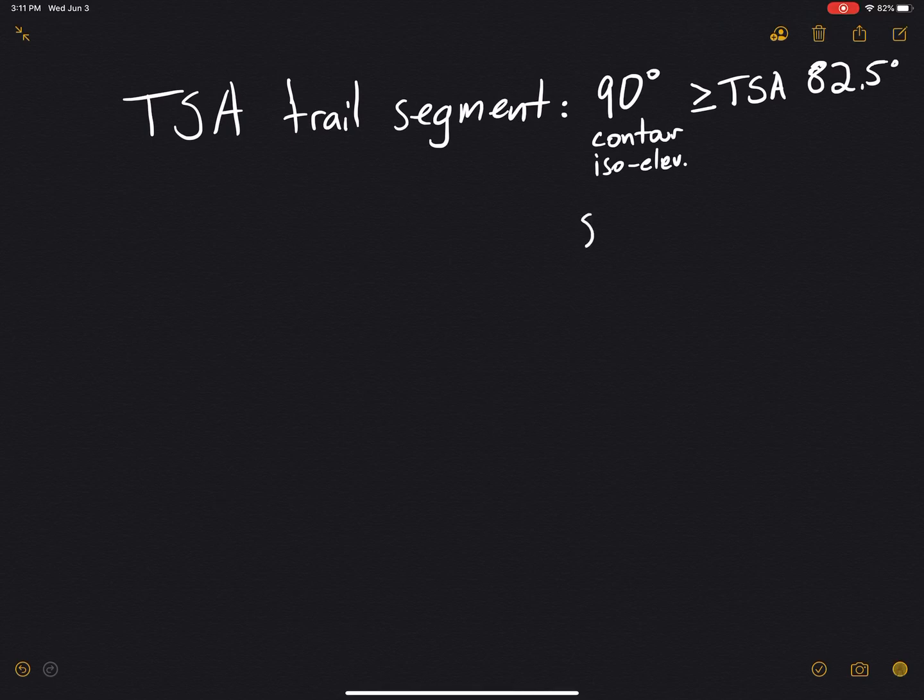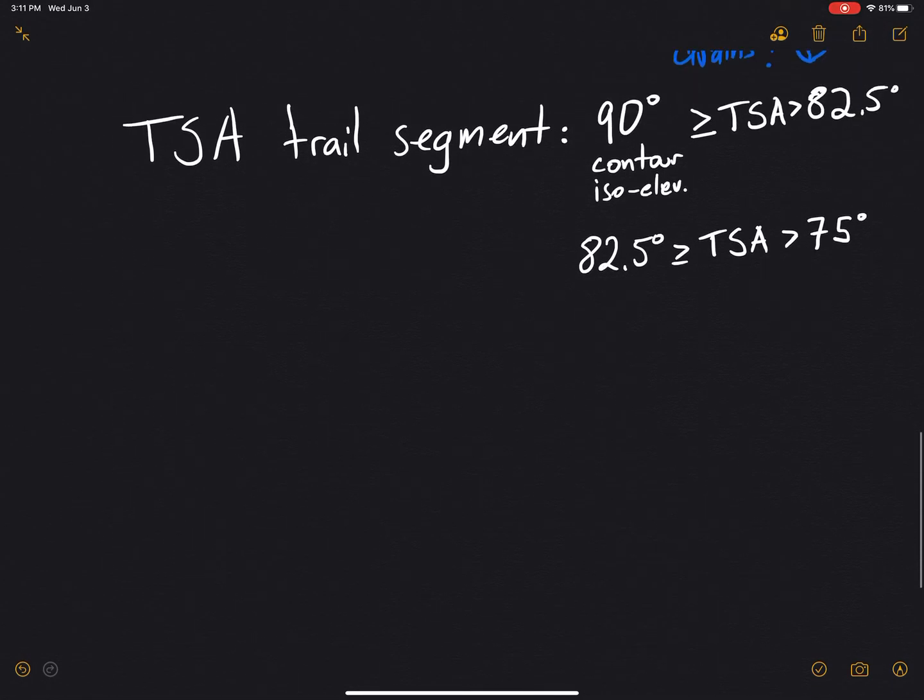If we have it between 82.5 degrees angle between the direction the trail's going and the direction the landform is facing, then we're going to have, if it's between 82.5 and something like 75 degrees, so 15 degrees off of the contour line, then this is excellent up here. This is great up here.